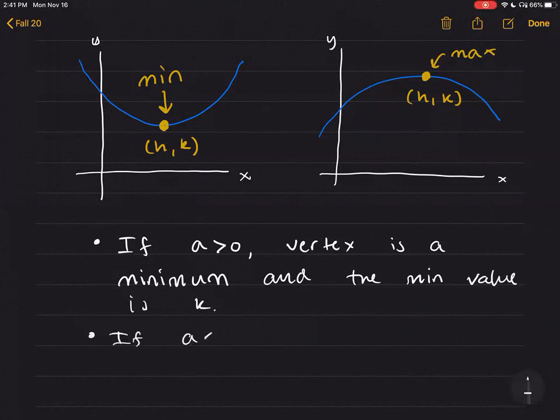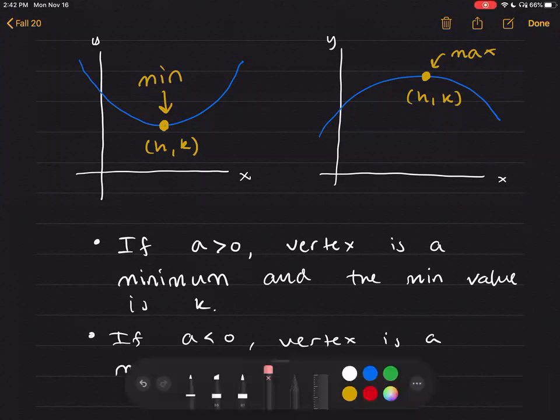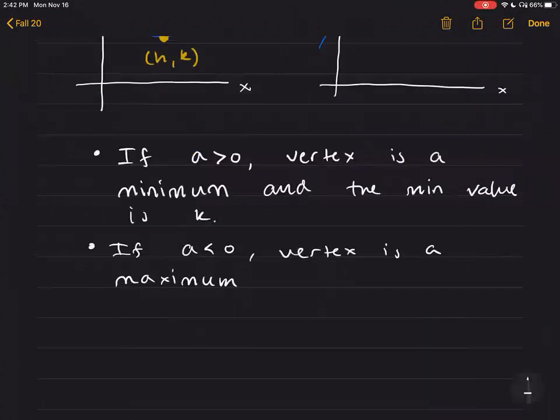Similarly, if a is less than 0, so if it's negative, the vertex is a max, and the max value is k again.